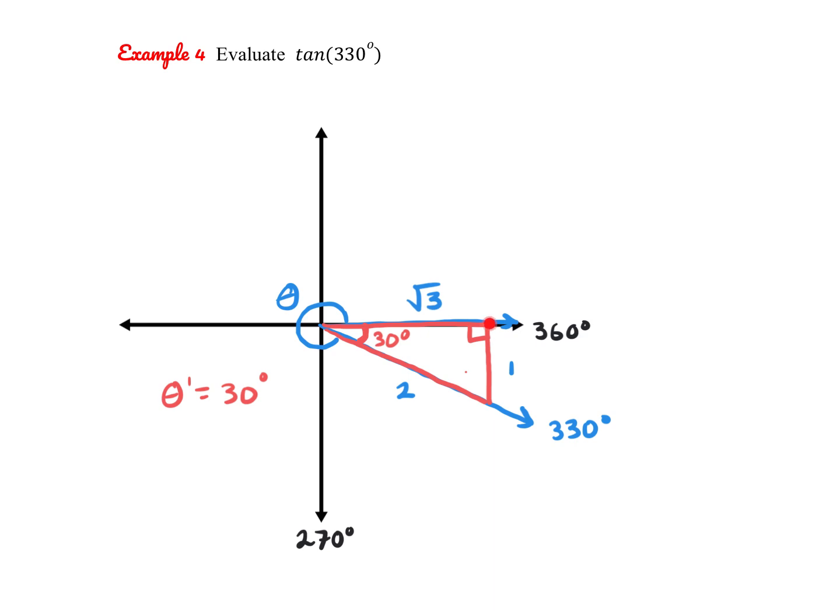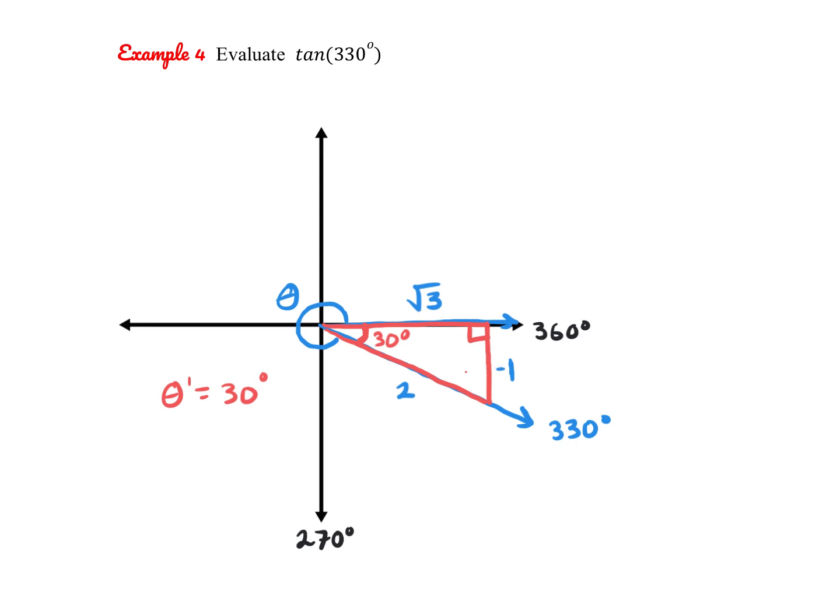But again, be careful. On an xy axis, if we're going down, that value must be negative. So this value is negative 1. This value is positive, and the hypotenuse is always positive. Then if I'm doing tangent of 330, we're actually going to do the tangent of our reference angle. Tangent is opposite over adjacent.